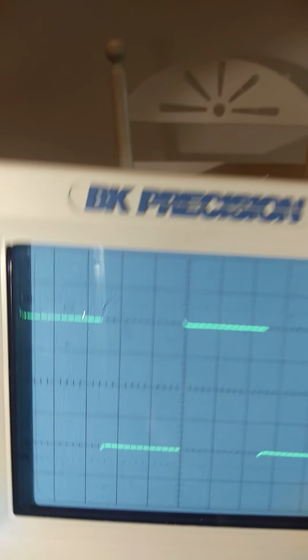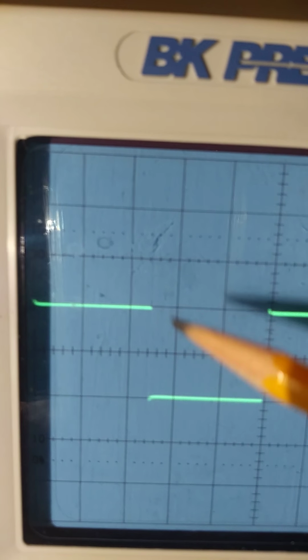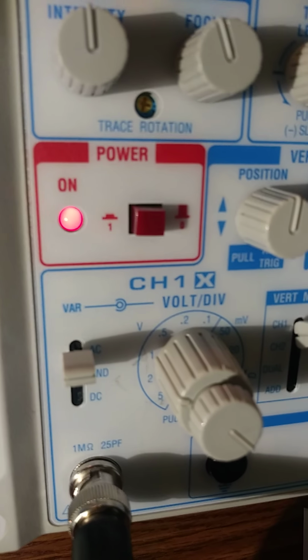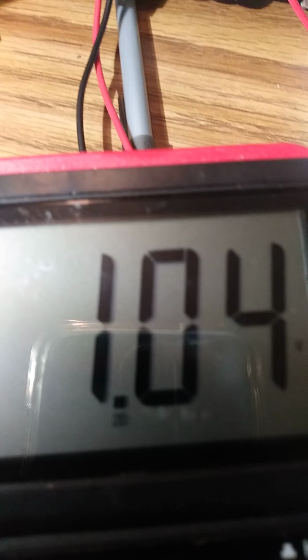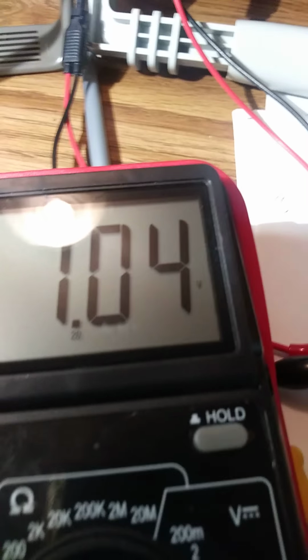All right, I'll do this one more time. I'm going to reduce this down to 1 square, 1 square above the 0. I'm still on the 1 volt per square scale, and therefore I'm reading 1 volt peak, and the voltmeter reads 1 volt RMS.